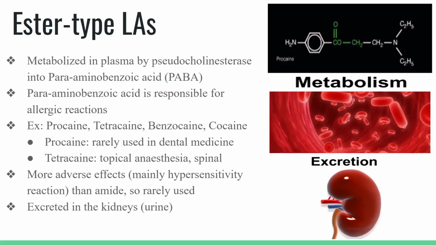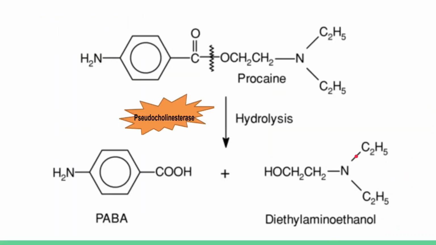To be on the safe side, we stopped using these drugs. As we said, they have more adverse effects, mainly the hypersensitivity reaction, than the amides, so they are rarely used nowadays. They are excreted in the kidneys of course or in the urine. In short, the patient will urinate these drugs out. So what is going to happen is that metabolism is going to take place in the plasma by the pseudocholinesterase enzyme, and then this will be filtered in the kidneys and it will be excreted in the urine.